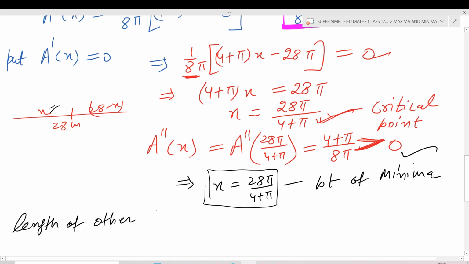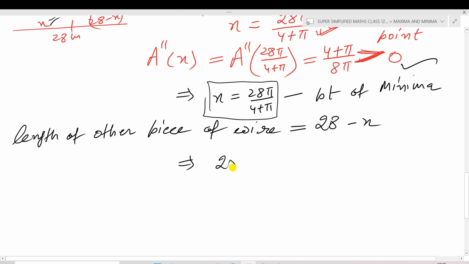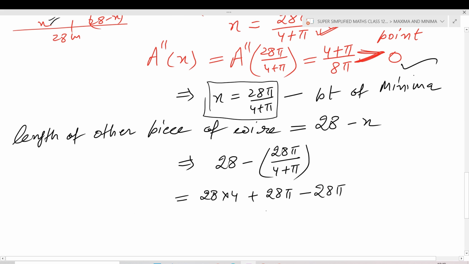So how should I find this 28 minus x? 28 minus, and in place of x I write 28 pi upon 4 plus pi, which comes out to be 28 into 4 plus 28 pi minus 28 pi upon 4 plus pi, which comes out to be 112 upon 4 plus pi.